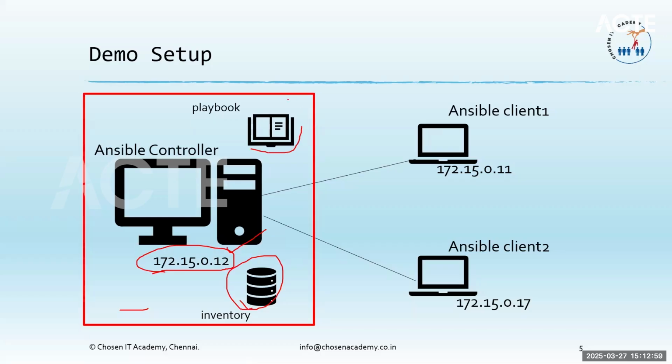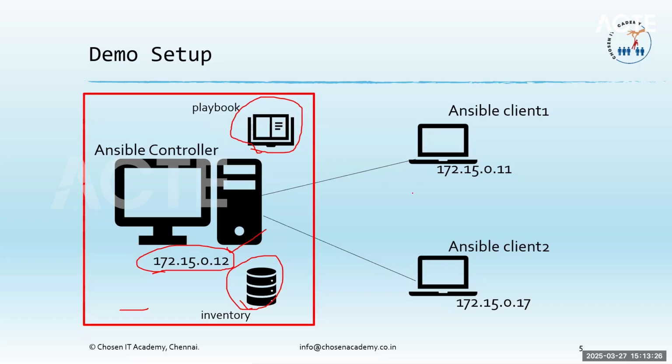It'll also have the playbook. Playbook is where the YAML things are running. So a YAML script is written in a file, and it is called an Ansible playbook. We can have any number of playbooks, and when we initiate the playbook, it will execute or automate the tasks that are present in the playbook.